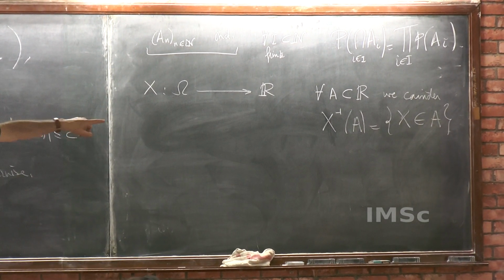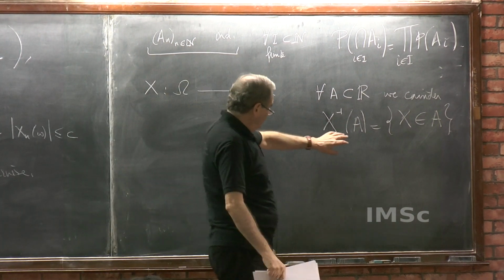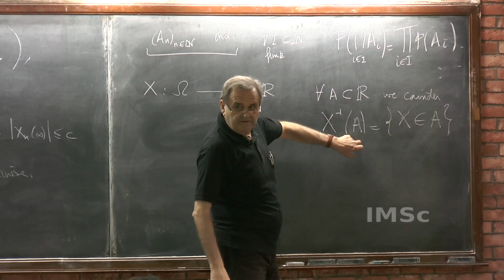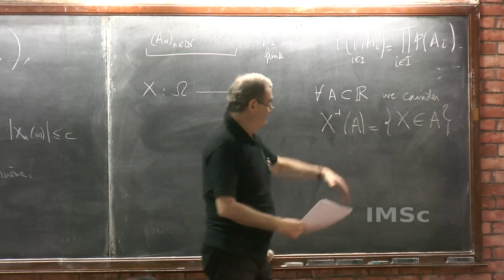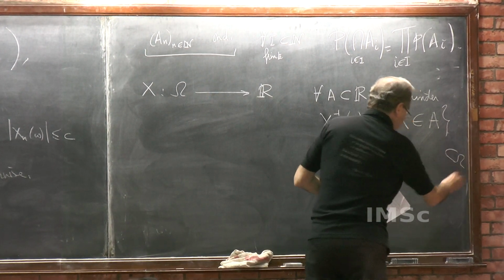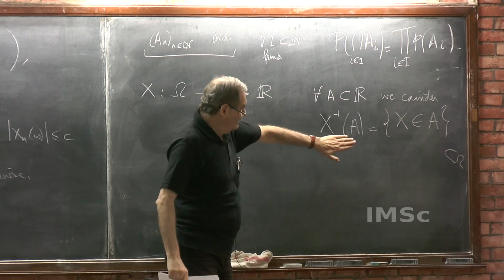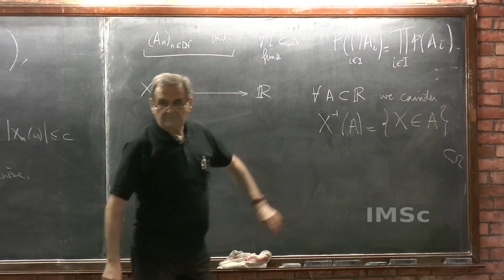To this set, we know how to associate something which is a part in omega, and as a part in omega, I can look at its probability.